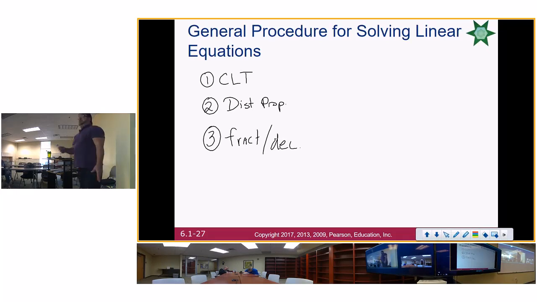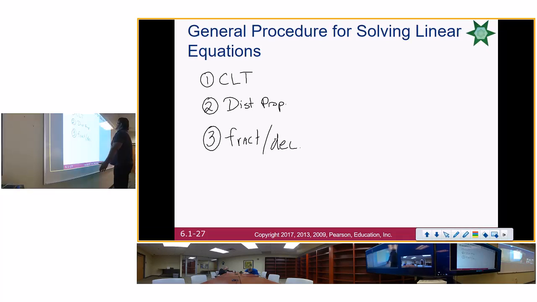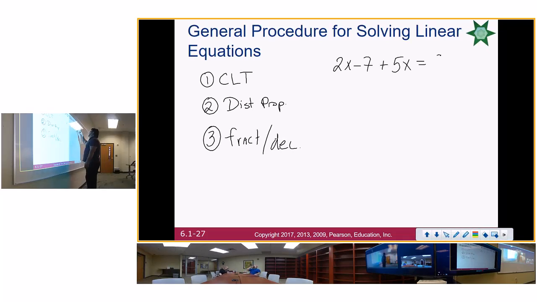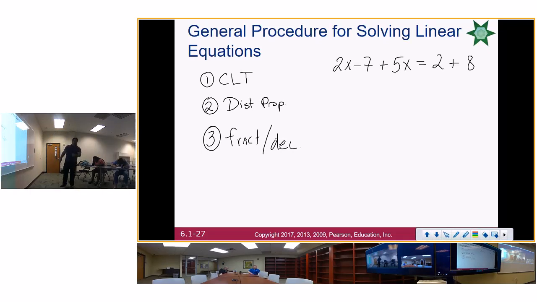So let me give you an example of one that you might see with combining like terms. 2x minus 7 plus 5x is equal to 2 plus 8. That is an equation where you can't just solve it right quick. You've got to combine like terms first.